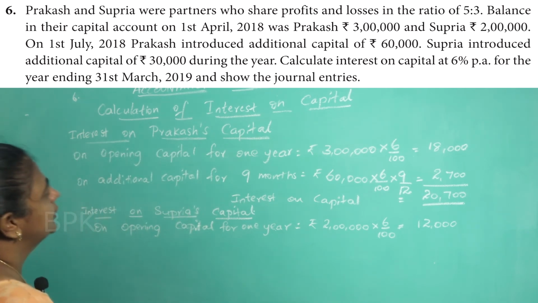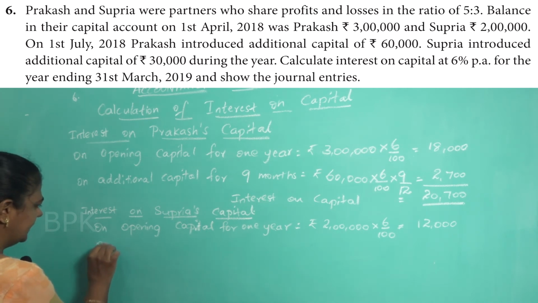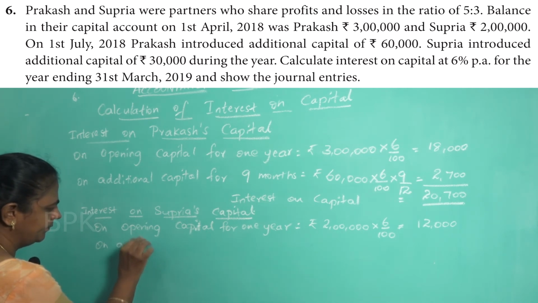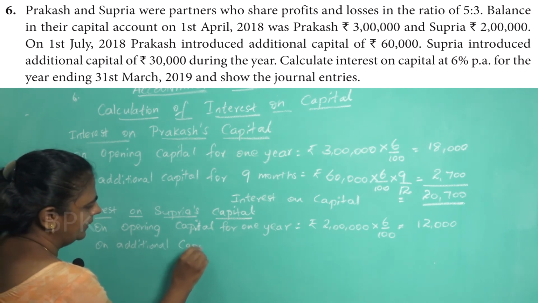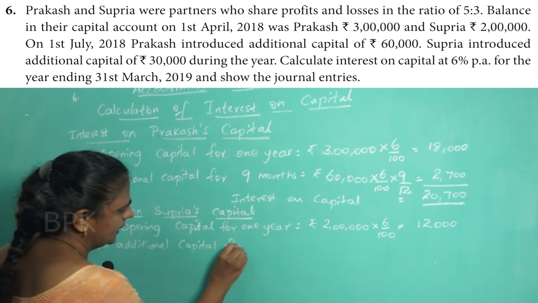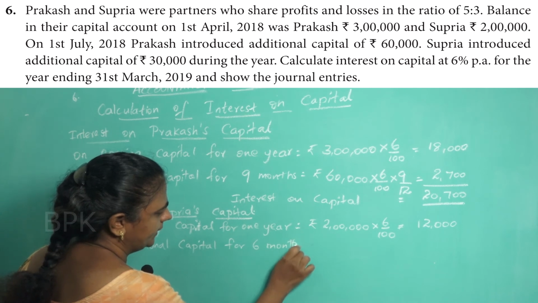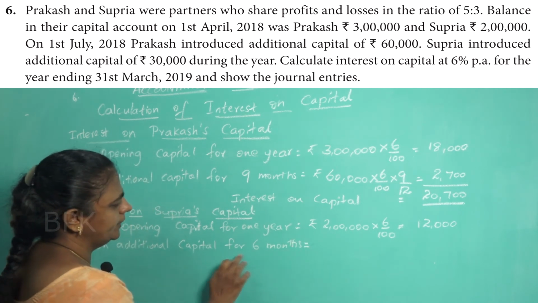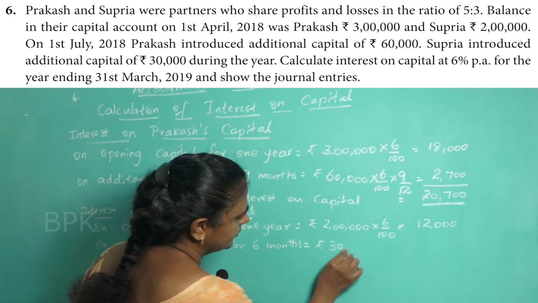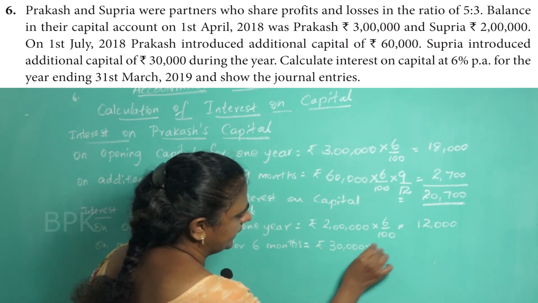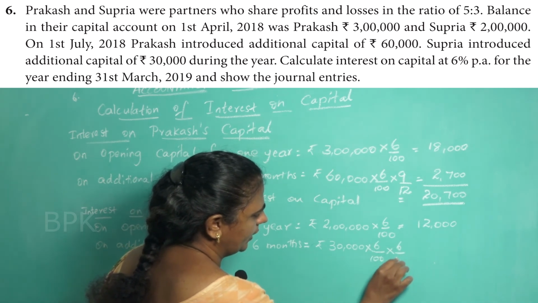Okay, so she is introducing 30,000, the date is not given, so you have to write like this: on additional capital for 6 months. In all such sums, if the date of introduction is not given, put for 6 months. So she is introducing 30,000 additional capital, rate of interest 6%, 6 months, so 6 by 12.